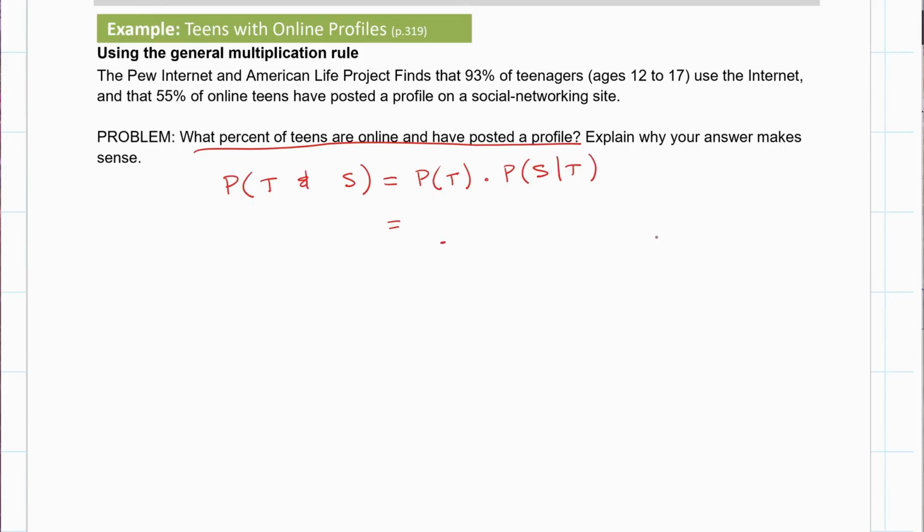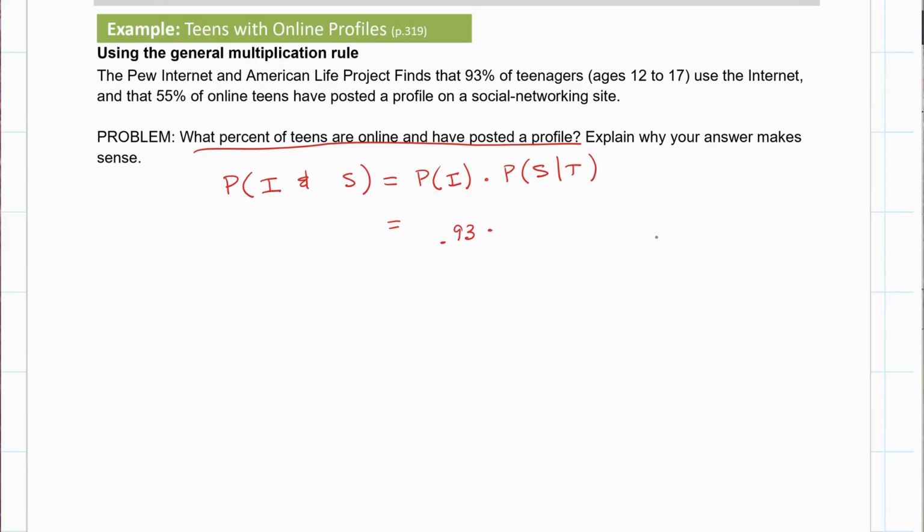Sorry, not probability of being a teen. Sorry, probability of being online. On the internet, I for internet. The probability of a teen being on the internet when the survey was made was 93%.